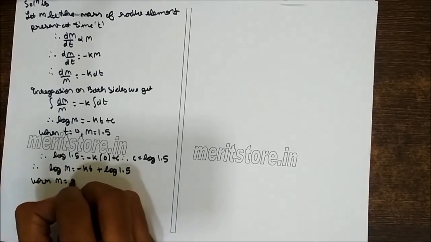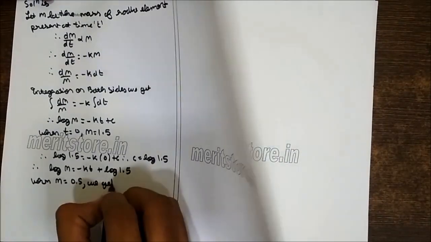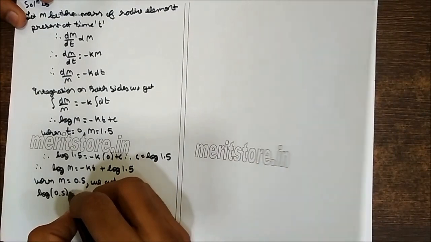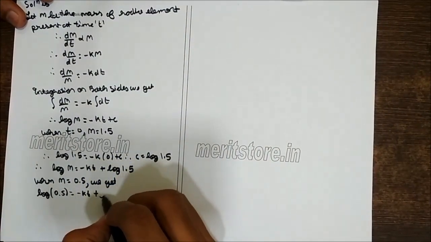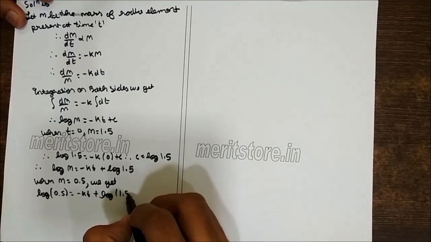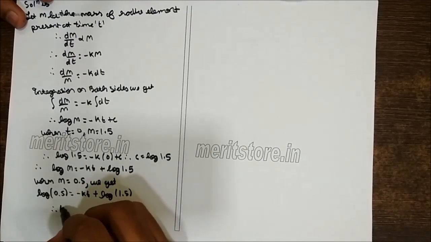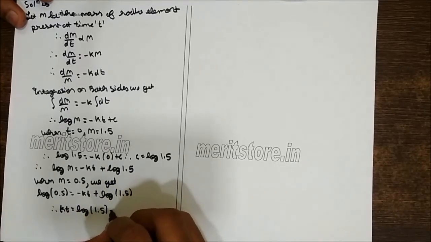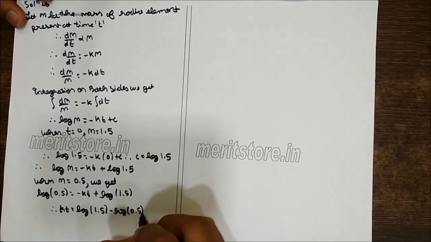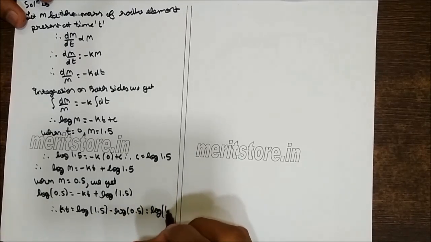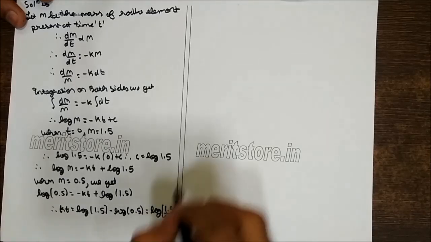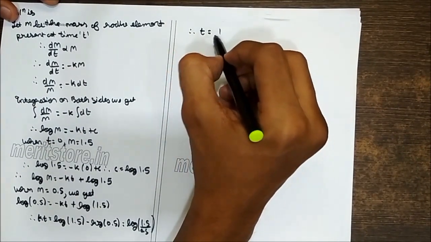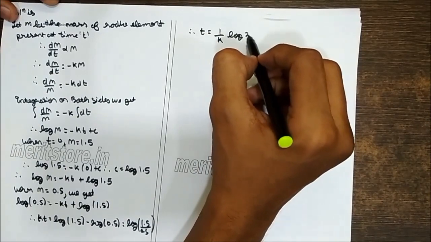When m is equal to 0.5, we get log 0.5 is equal to minus kt plus log 1.5. Therefore, kt is equal to log 1.5 minus log 0.5, which is log of 1.5 upon 0.5. Therefore t is equal to 1 upon k log 3, which is the required solution.